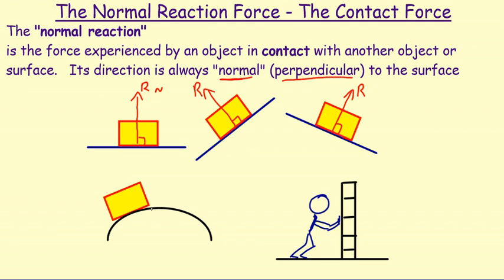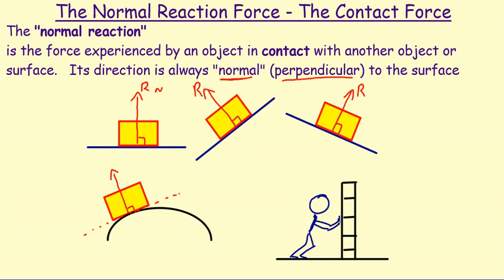When it's a curved surface like this one, we basically take the tangent, and it's 90 degrees to that tangent. Okay, so there's the tangent, and it's 90 degrees to that. And typically, there'll be one flat surface. And as you can see here, it's perpendicular to that flat surface. But typically, it's perpendicular to the tangent of the point of contact.